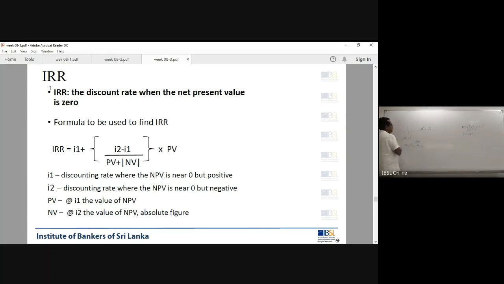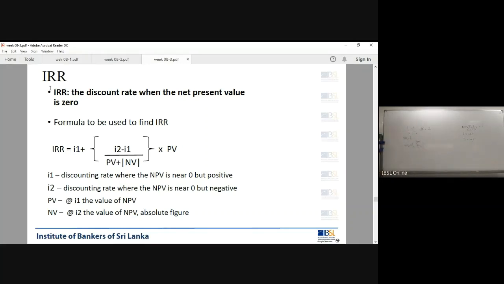So I want the interest rate where NPV is equal to 0, right? At the interest rate of I1, NPV was here. At the interest rate of I2, NPV was here, 7,000, 8,000. It is going this way. We said I1 is 20, I2 is 30. Then your NPV is increasing.